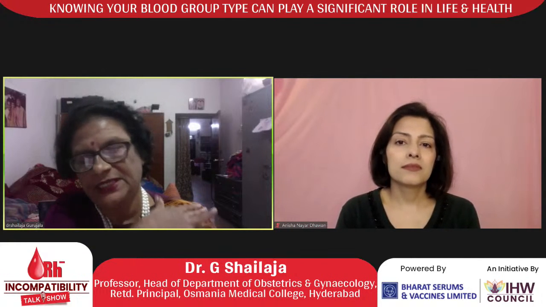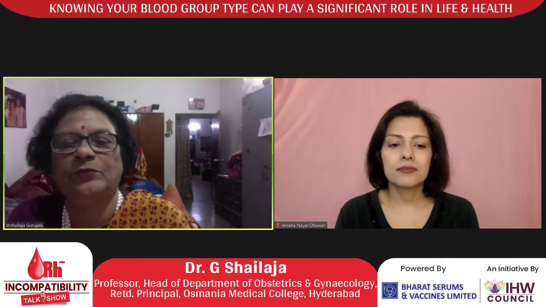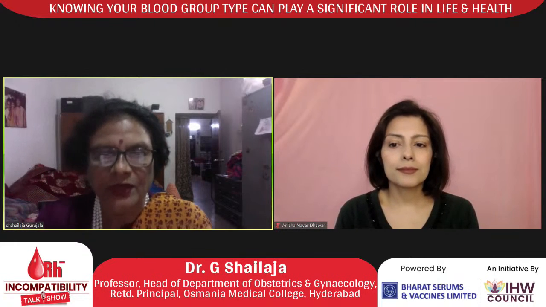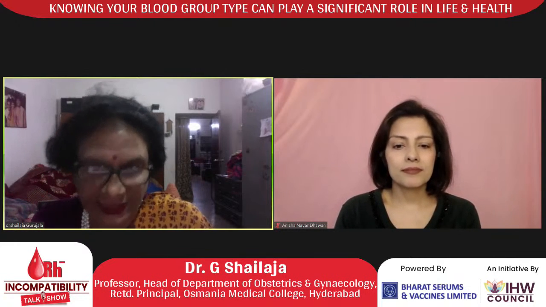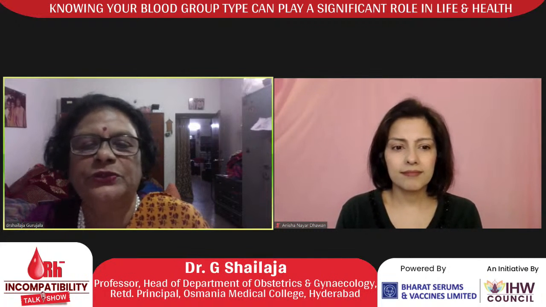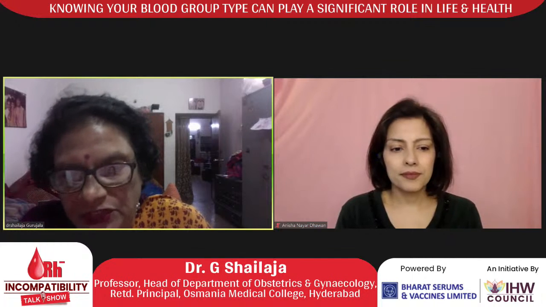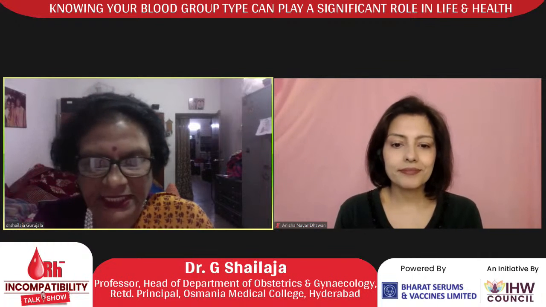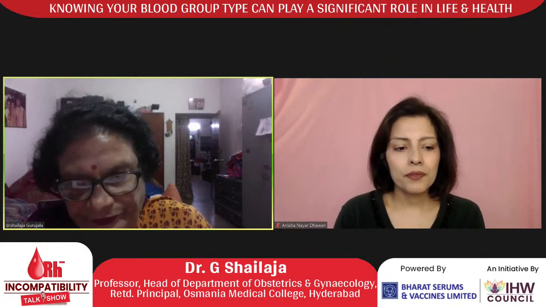In the first sensitization, you need a little more blood, whereas in the second pregnancy, as little as 0.05 ml of blood can give rise to a large number of antibodies, which can kill the RBCs.